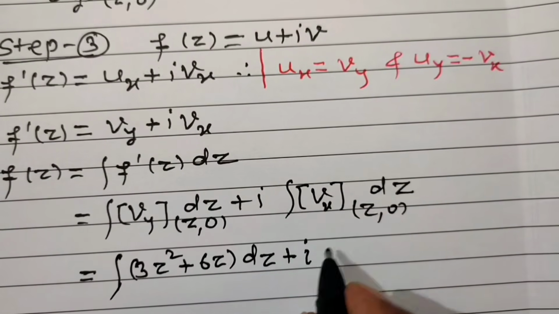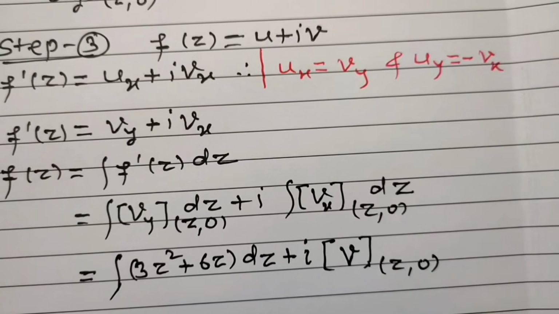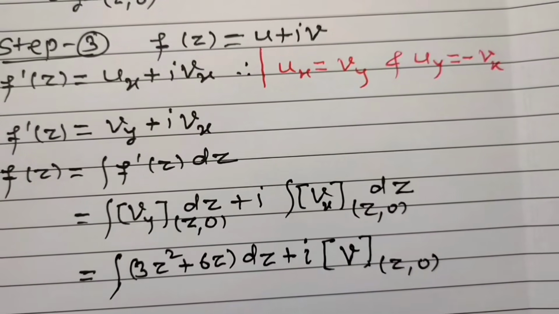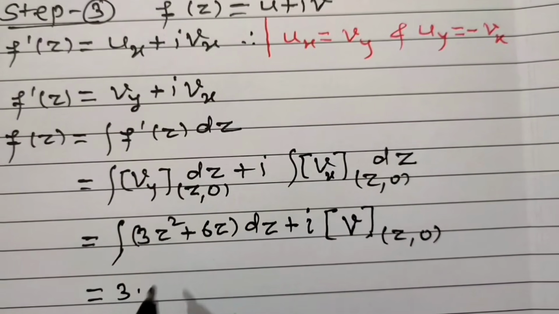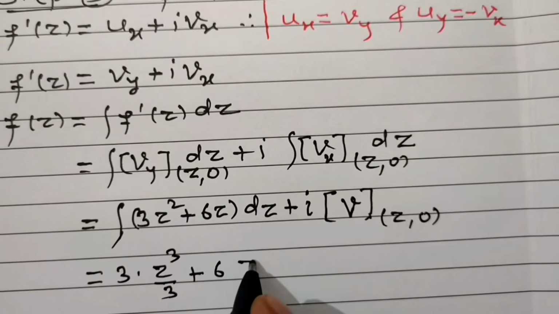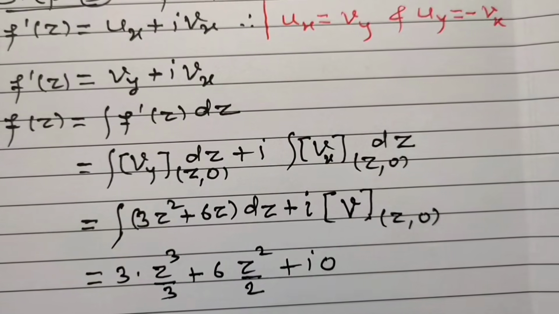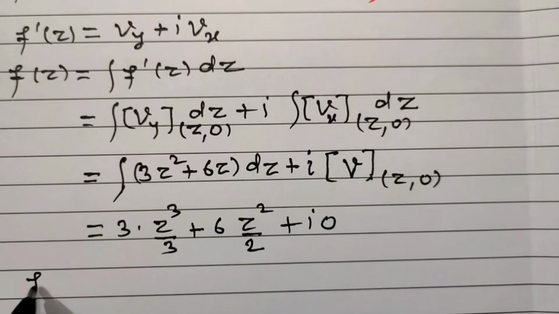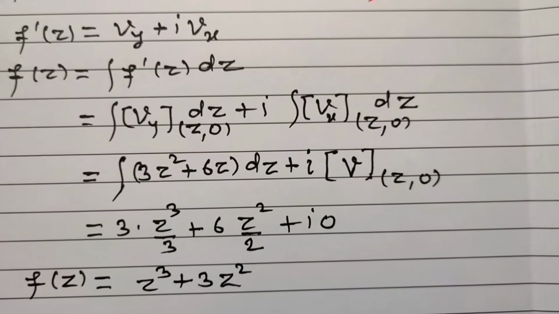The value of this integral is given by v at z comma 0, and v at z comma 0 is 0. So this is 3 into the integral of z square, which is z cube divided by 3, plus 6 into the integral of z, which is z square divided by 2, plus i into 0. So after simplification, f of z is equal to z cube plus 3 times z square. This is the analytic function f of z.